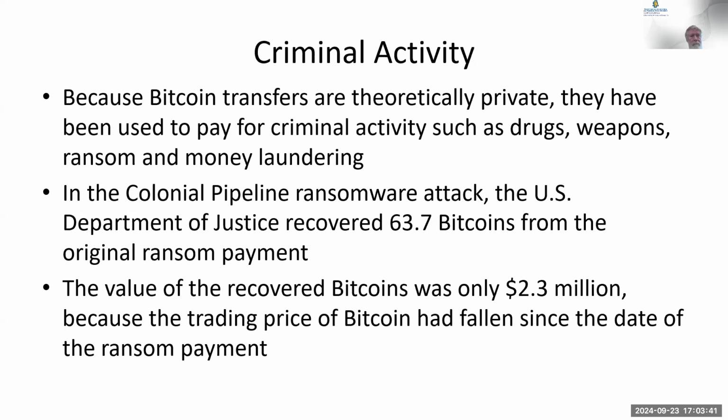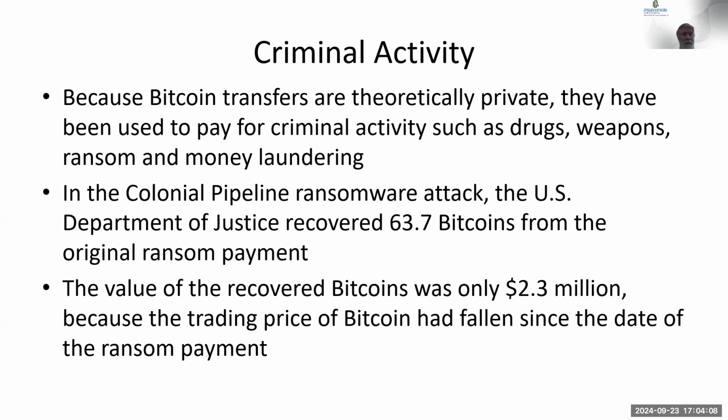So, as I said, the Bitcoin seems to be a popular thing for people trying to do illegal things. Colonial Pipeline Company here in Greensboro, which has underground pipes running all over the country, pumping oil and whatever else needs to be pumped around, were attacked with a ransomware. They paid 63.7 Bitcoins to the criminals.